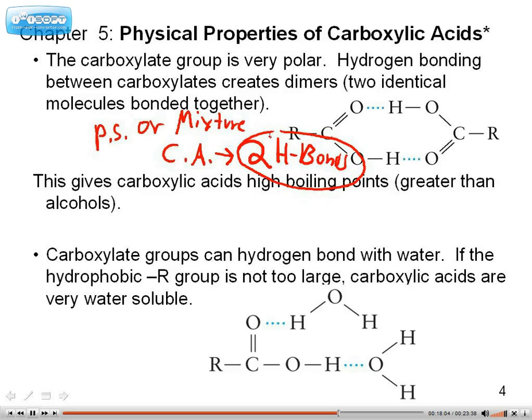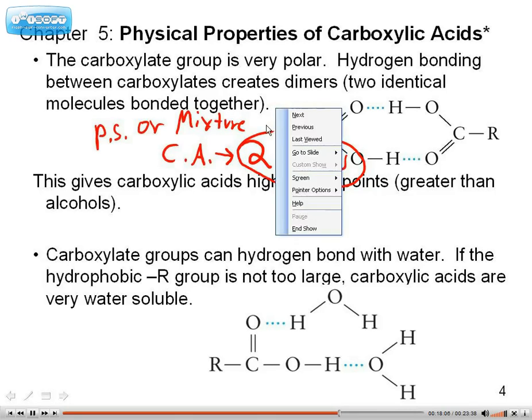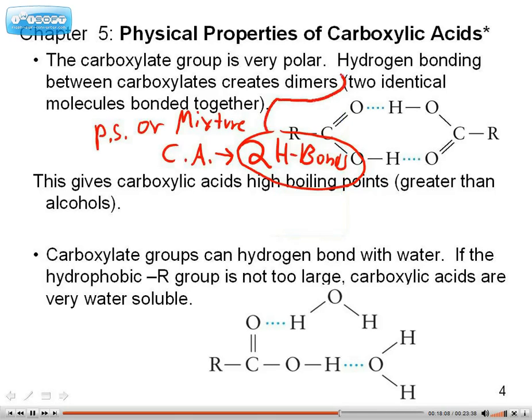Because they occur at the same time, we call these hydrogen bond dimers. So they have more hydrogen bond bang for your buck.